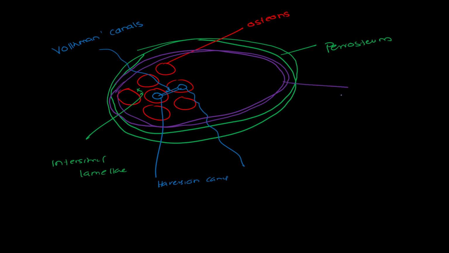These are known as external circumferential lamellae, whereas the lamellae that are found within the osteons or the Haversian system are known as internal circumferential lamellae. Now, I hope that you're clear with this.